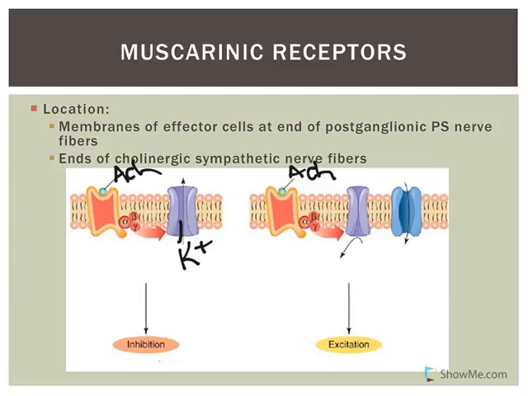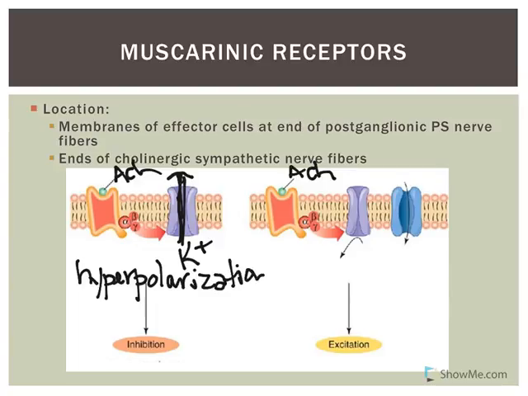And potassium wants to leave the cell because you have a high concentration of that ion inside the cell. So it wants to leave, which would hyperpolarize, getting further away from threshold, and that would inhibit. An example of this would be an M2 muscarinic receptor. So we can get something like in the heart that would be a slower heart rate.